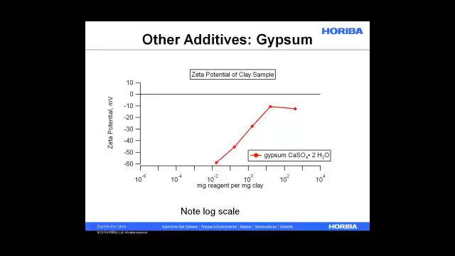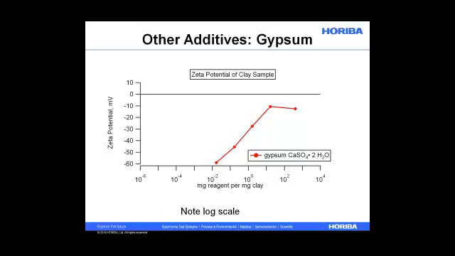After I talked about pH and said for this particular material it didn't work that well, let's plot zeta potential as a function of gypsum. So this is calcium plus 2, and then milligrams of reagent per milligram clay. And notice I use a log scale on the bottom. Just like pH, I like a log scale here because I need to make fairly large changes in additive concentration.